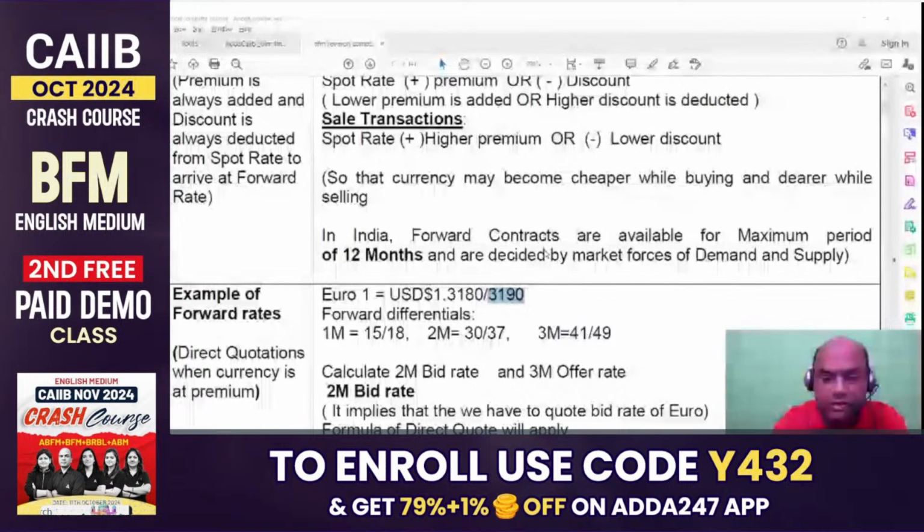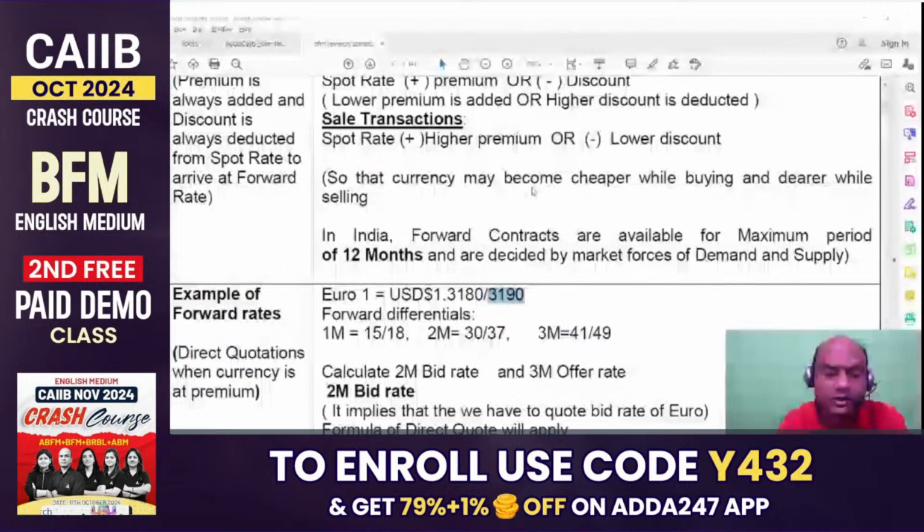Now I'll ask you, suppose I want to export, let's say this same currency, 1 euro equals USD 1.3180, 1.3190. If I am doing an export in euro, which rate will I use? 1.3180 or 1.3190?